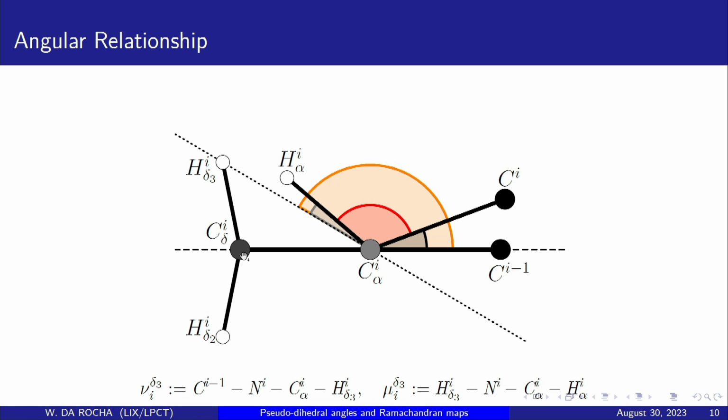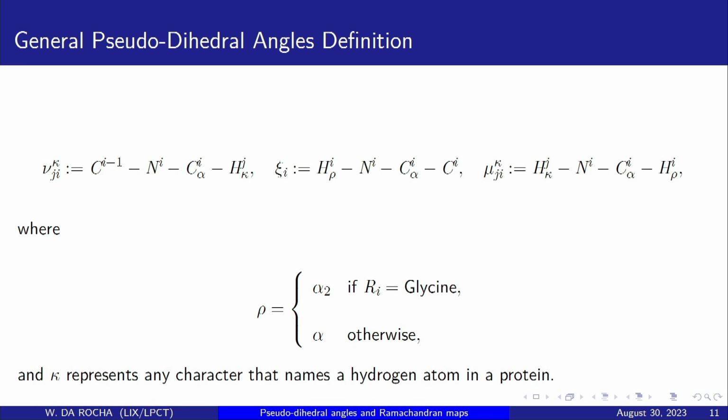I just replaced the Hn by this H delta 3. And we can see that the relationship between those angles is similar, but this is something that we should investigate or even take into account.